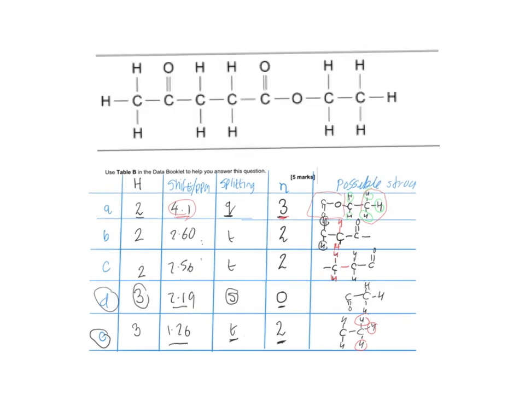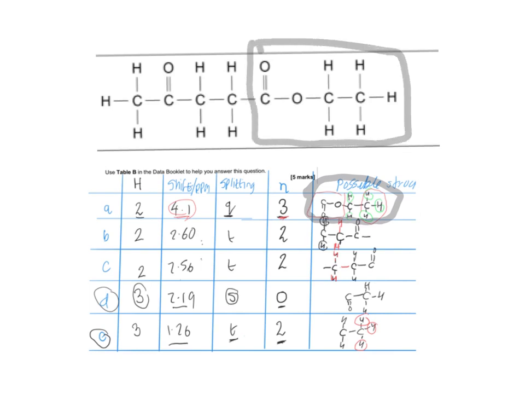Interestingly, there was only 1 mark for deducing the structure, and 4 of the marks were for predicting these possible parts of the molecule. So let's now identify them in there. So first of all, this fragment here, which was the ester link joined to an ethyl group, is here.